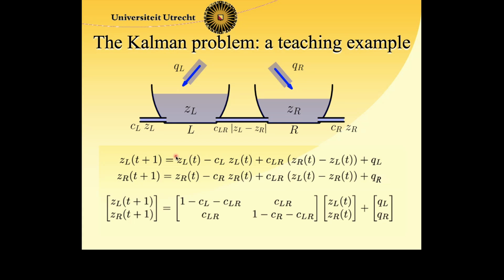So this upper equation gives the water balance of the left vessel. So the volume in the left vessel at T+1 is equal to the volume it had in the previous time step, minus the outflow on this side, plus the possible inflow from this vessel, but only if the level in this vessel, the volume, is higher than in this one.